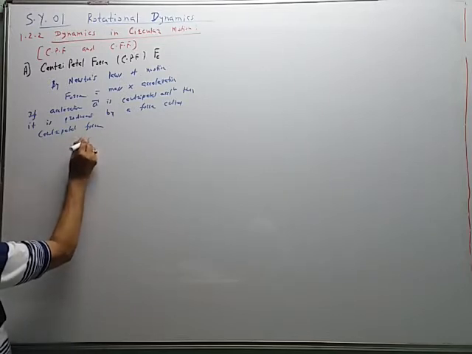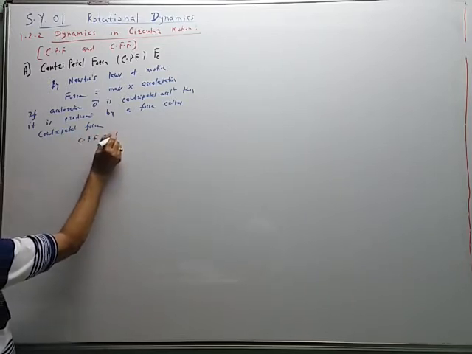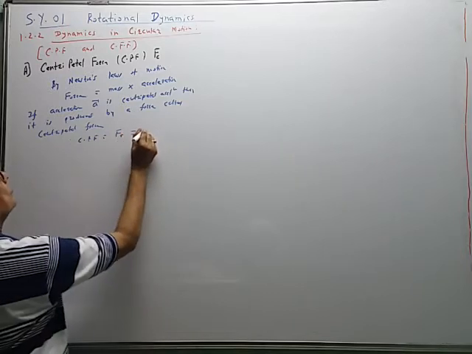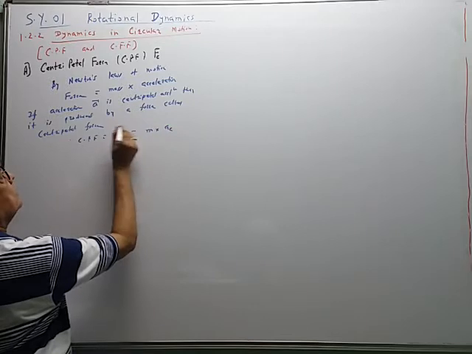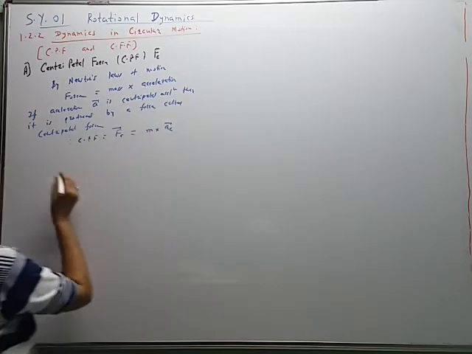And therefore CPF is equal to FC is equal to mass multiplied by centripetal acceleration. In vector form, it is given like this.